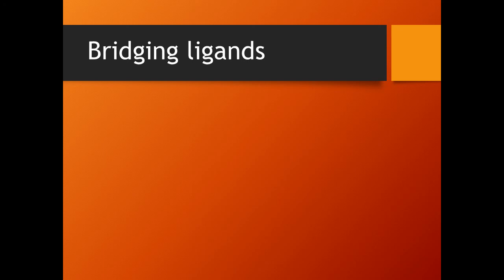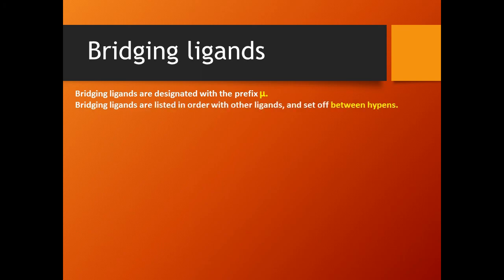That is, a ligand can bond between the 2 metal centers. Such ligands are termed bridging ligands. Bridging ligands are designated with the prefix mu, and it should be separated from the other ligands by using a hyphen. I'll explain with one example.